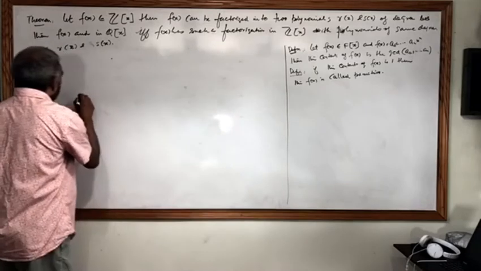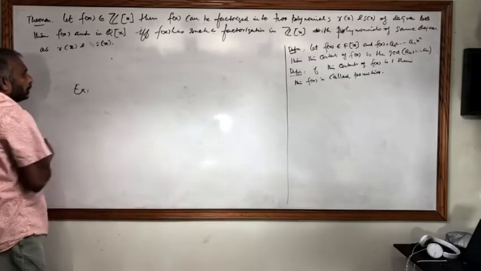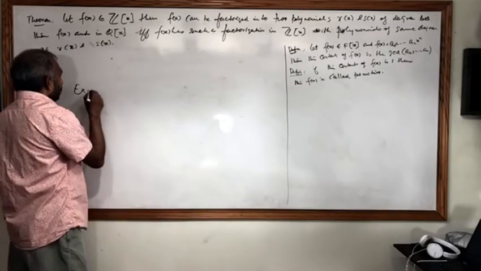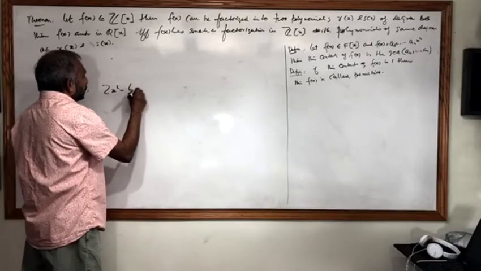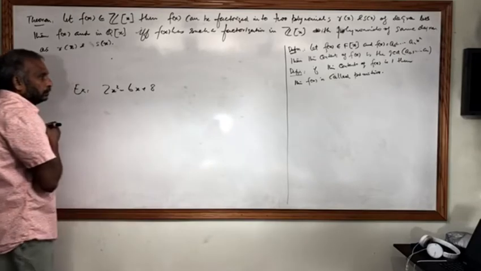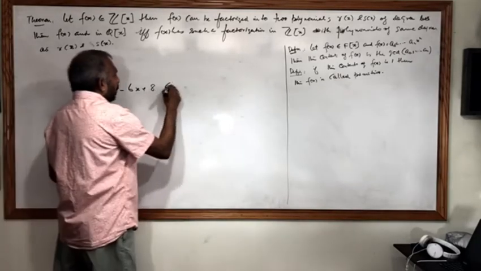Example, let us take a polynomial like this, 2x² − 6x + 8. This definitely belongs to Z[x].